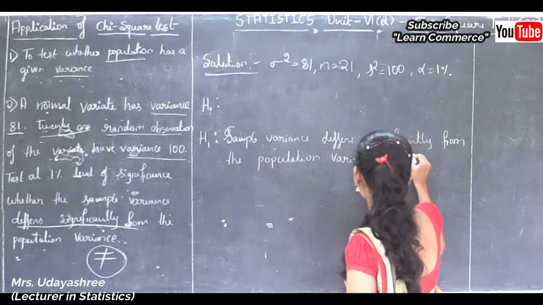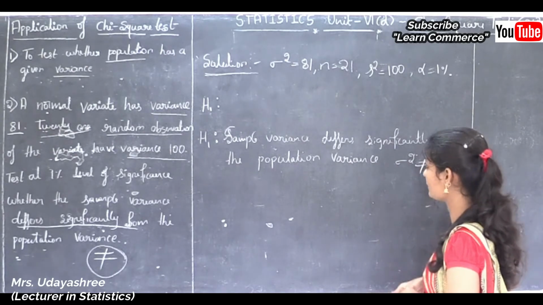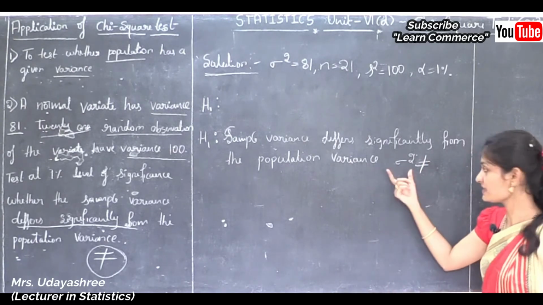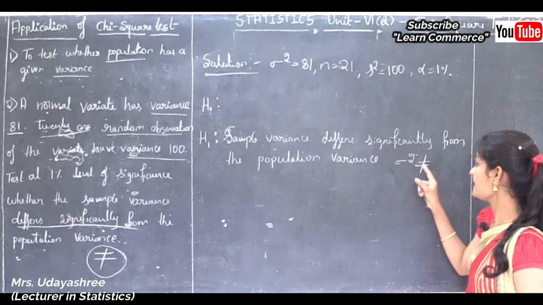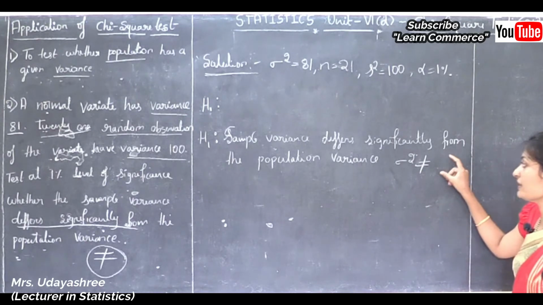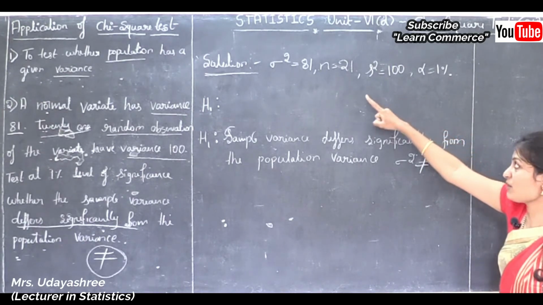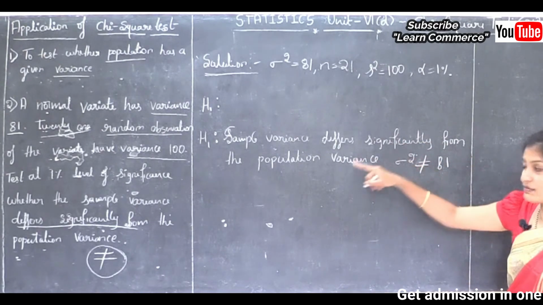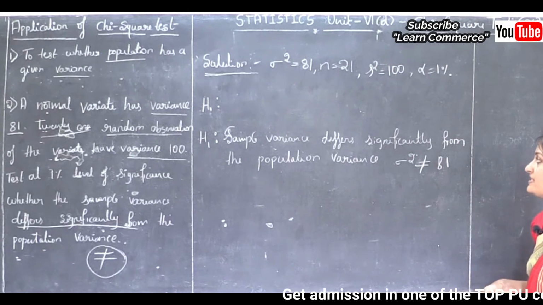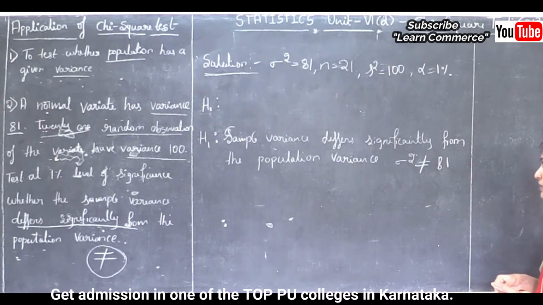That is, sigma square is not equal to the given population variance, where sigma square is the population variance, and the given population variance is 81. So H1 is that the sample variance differs significantly from the population variance, that is, sigma square is not equal to 81.